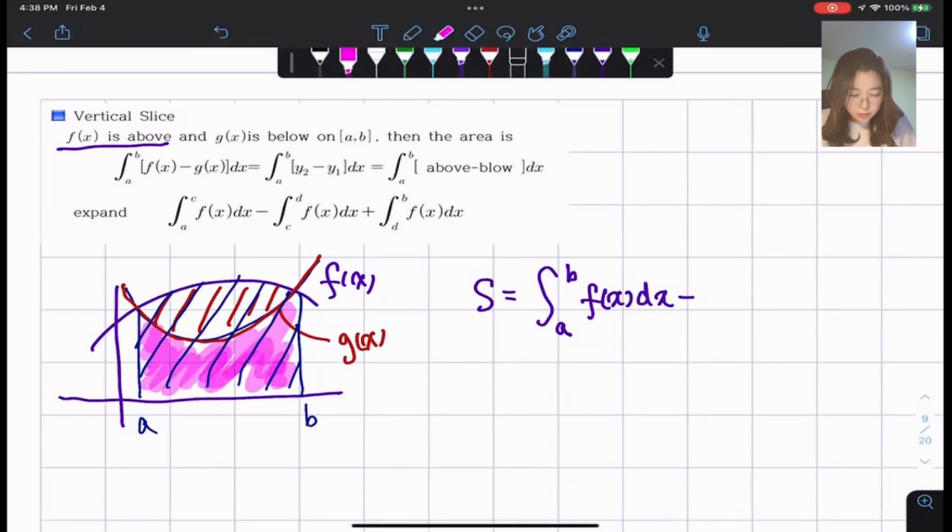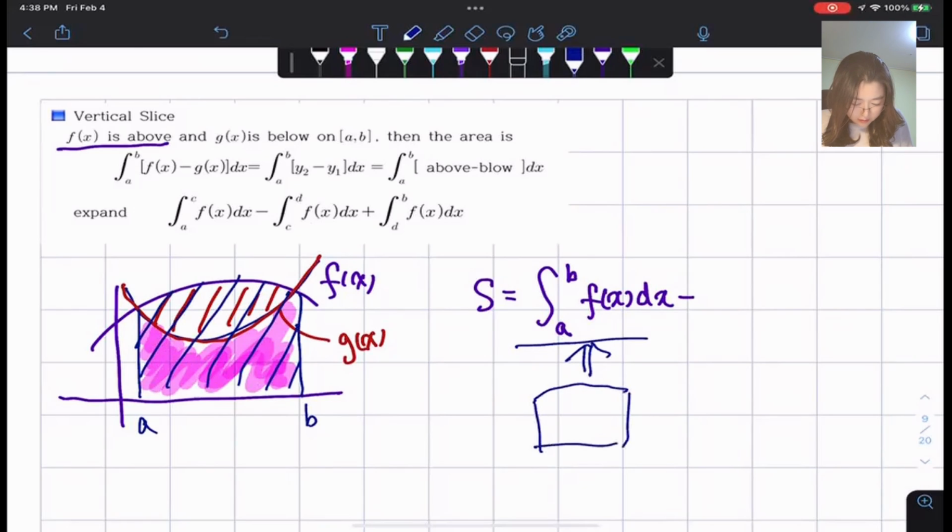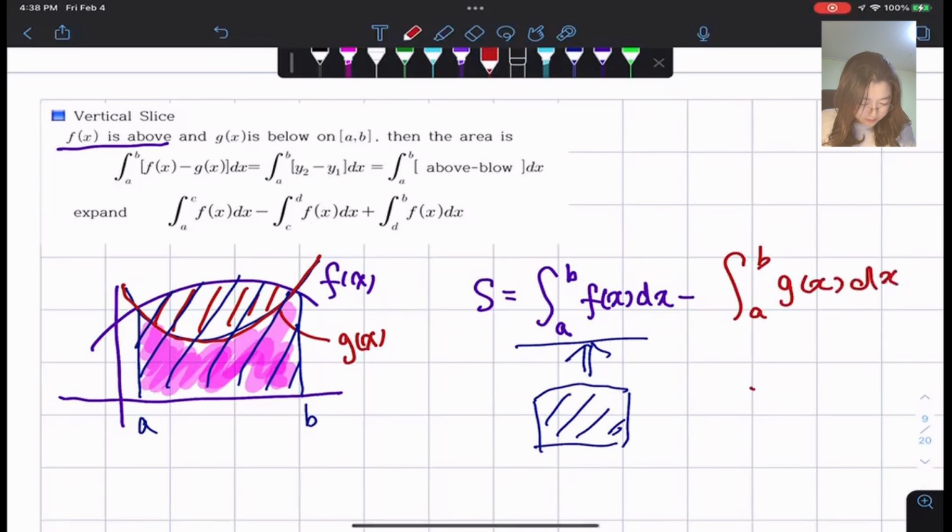Yeah. So this is the f(x) area. Yeah, the g(x) area is like this. Then you can find the enclosed area here.